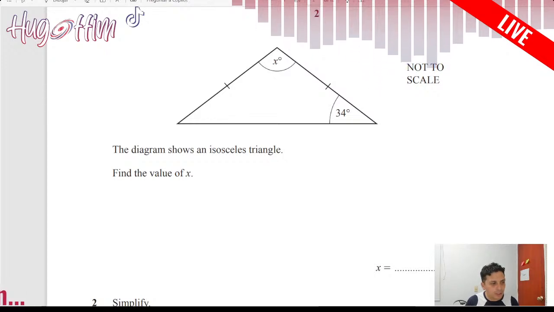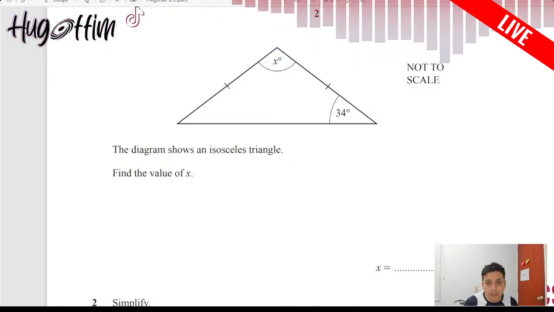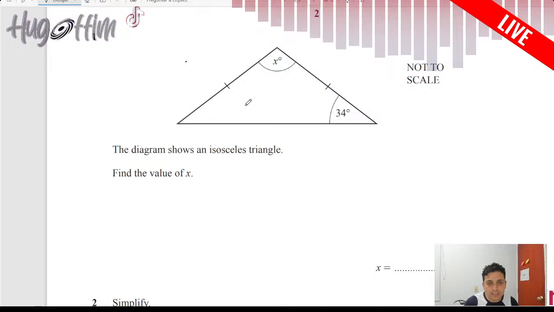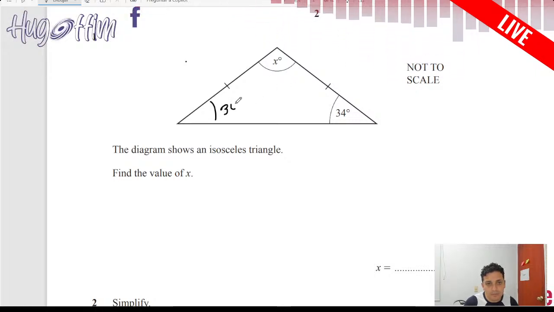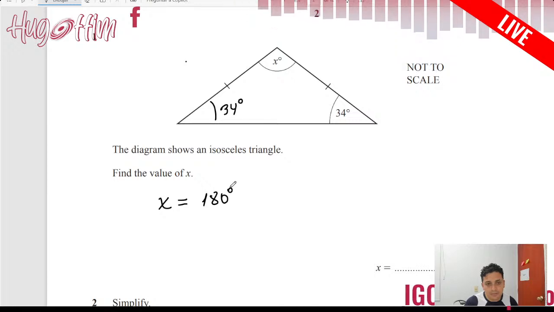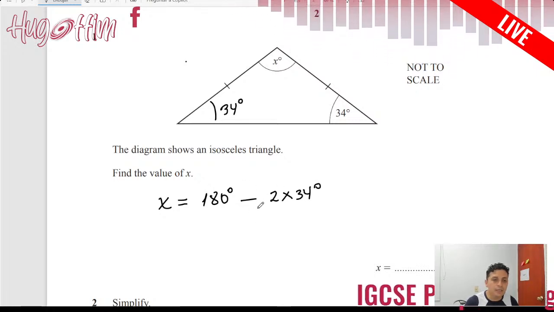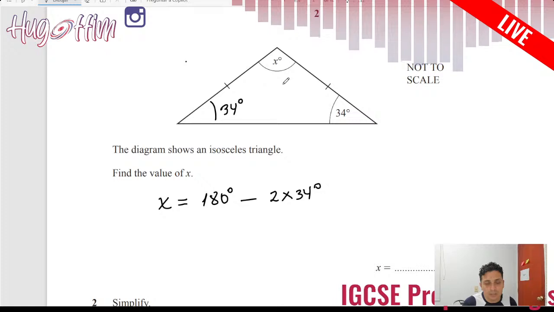Okay, first question. I have an isosceles triangle. I have to find the value of x. Let's start with dark pen. Okay, so it's an isosceles triangle, it means that this is 34. So both angles are 34. This is x. So x is just 180 degrees minus 2 times 34, because the sum of the angles is 180, and these two are the same because it's an isosceles triangle.